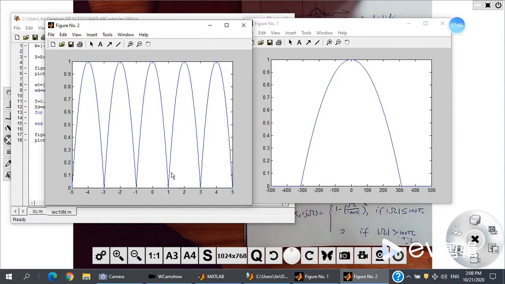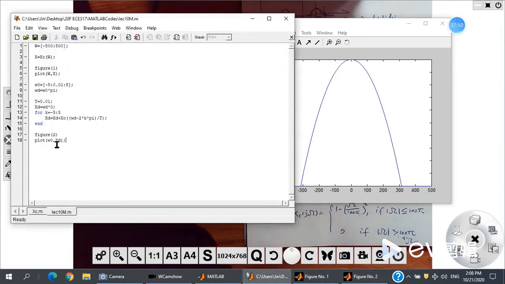Okay, if we choose a different t, now the t is 0.1. If we choose a little bit larger, for example 0.12, a large t means you have fewer samples, so the quality will not be good. And in the frequency domain, what can we see?